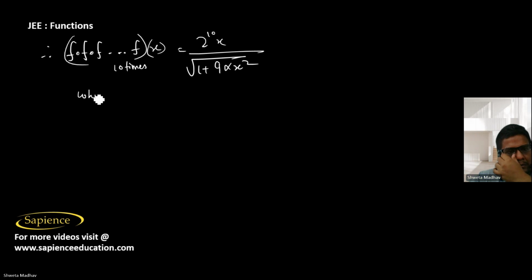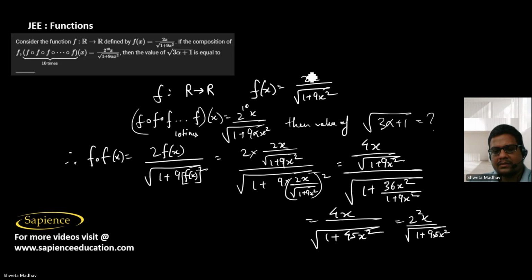Similarly, therefore, if we take f of x 10 times, then that will be equal to 2 power 10x by square root of 1 plus 9 alpha x square, where this is actually coming 5.